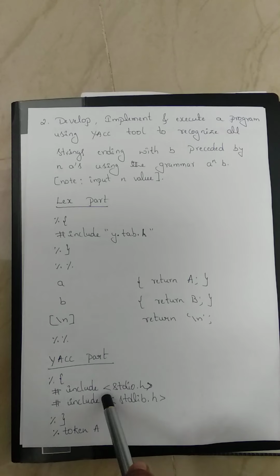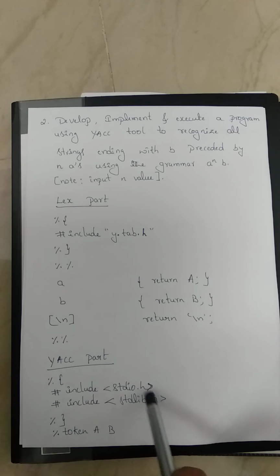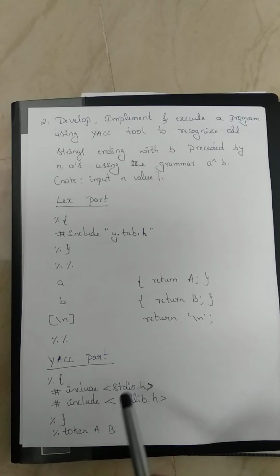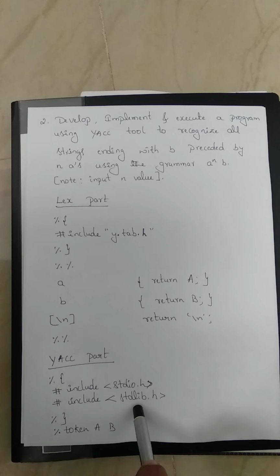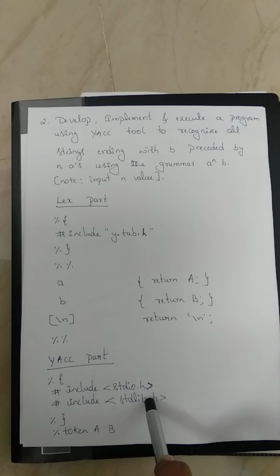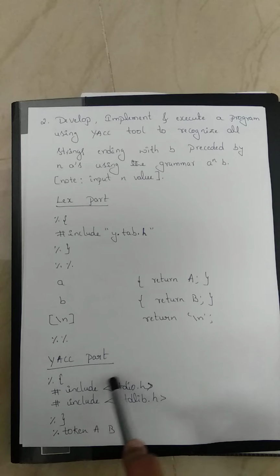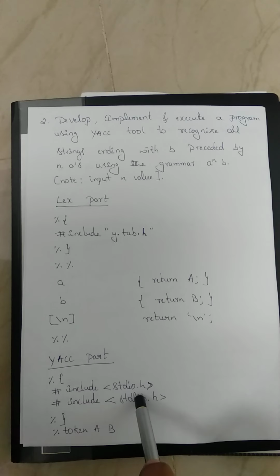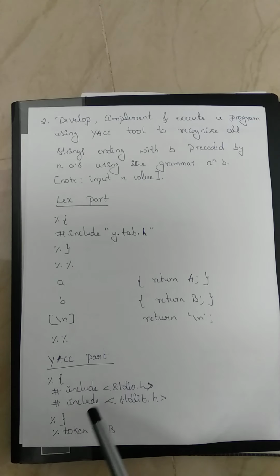The YACC program starts with the declaration part, where the header files are declared. stdio.h is declared here, and the stdlib.h header file is also written. After the header files, it is followed by the names of the tokens that we are going to consider in the YACC program, which are taken from the lex program.